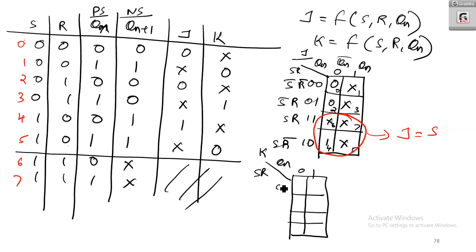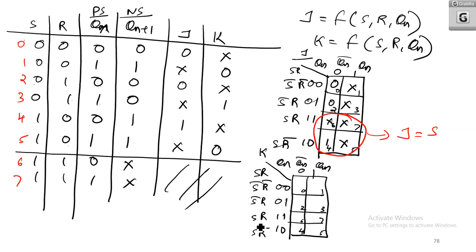So this is 0, 1, and 0, 0, 0, 1, 1, 1 and 1, 0. This is S bar R bar, S bar R, S R, S R bar, and Qn bar, Qn.